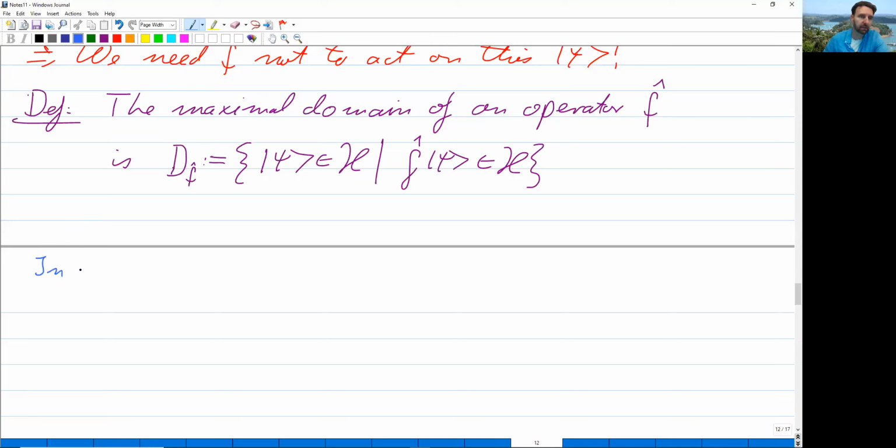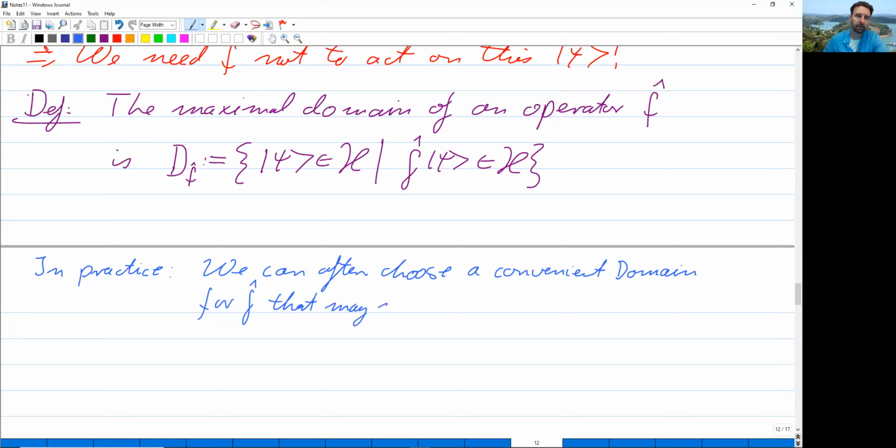So in practice, we can often choose a convenient domain for f hat that may not be the maximal domain, but that is still big enough.